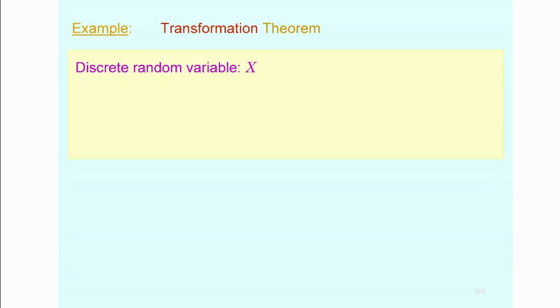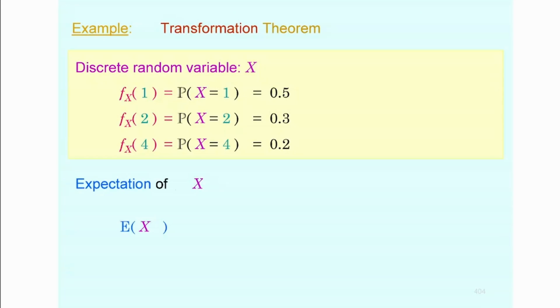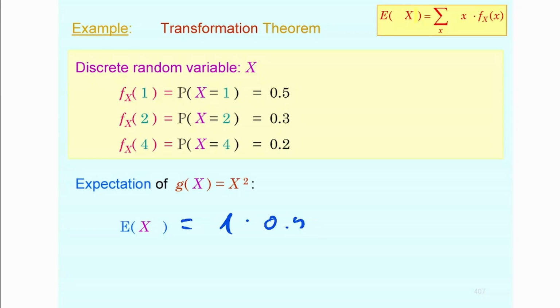However, there was one which I was already addressing, namely the variance, because that was already a transformation, which was not a linear one, of course. Now, the expectation of x is the weighted sum of its realizations, each weighted by the corresponding probability. So that would be 1 times its probability plus 2 times its probability plus 4 times its probability, because those are the realizations.